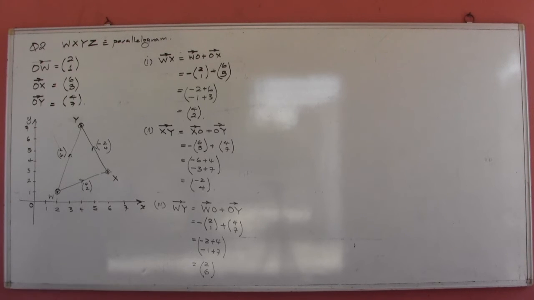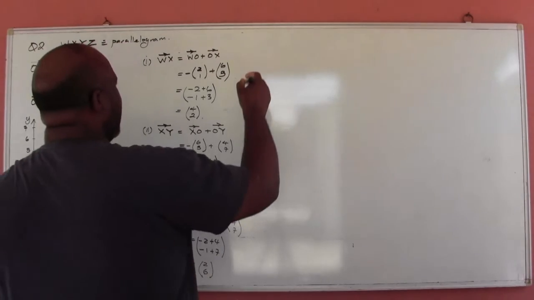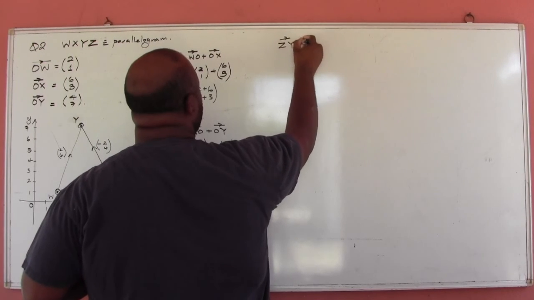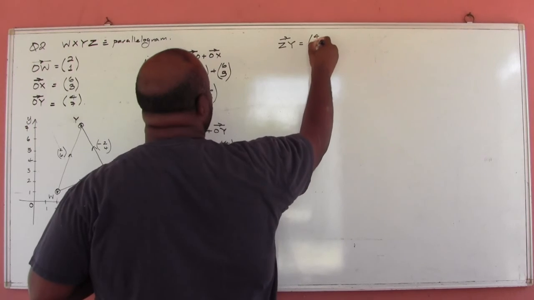Opposite sides of a parallelogram going in the same direction are equal vectors. So ZY is also equal to the vector (4, 2).